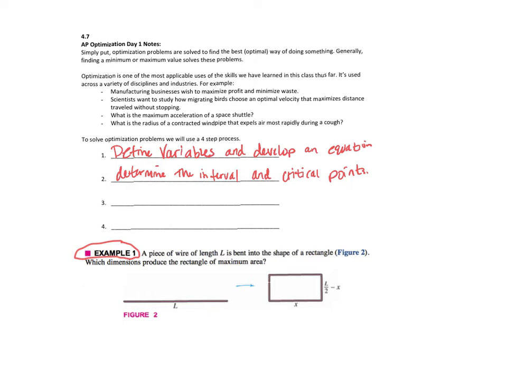Step 3, you want to optimize, which means derive and analyze those points. And step 4 is write a conclusion.